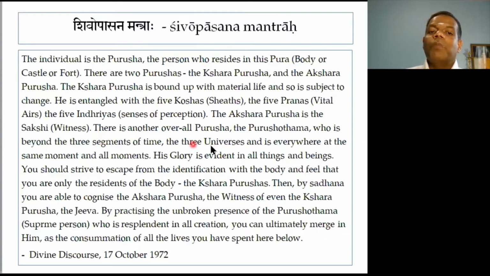There is another overall Purusha, the Purusha Uttama, Purushottama, who is beyond the three segments of time, the three universes, and is everywhere at the same moment and all moments. His glory is evident in all things and beings. You should strive to escape from the identification with the body and feel that you are only the resident of the body, the Akshara Purusha.